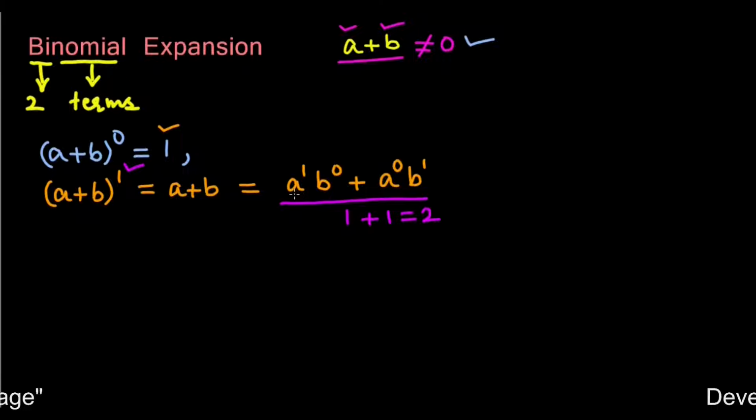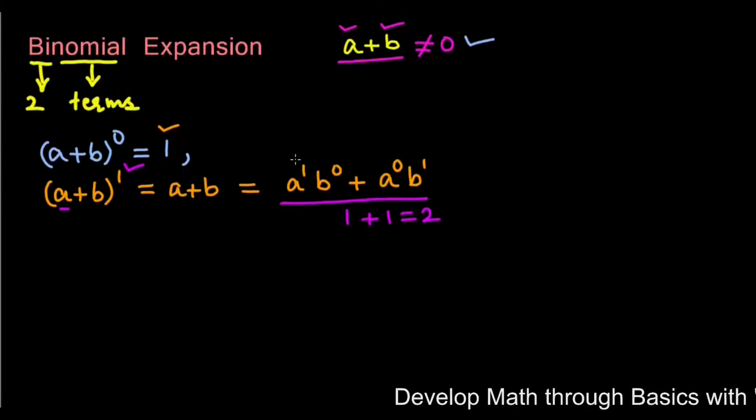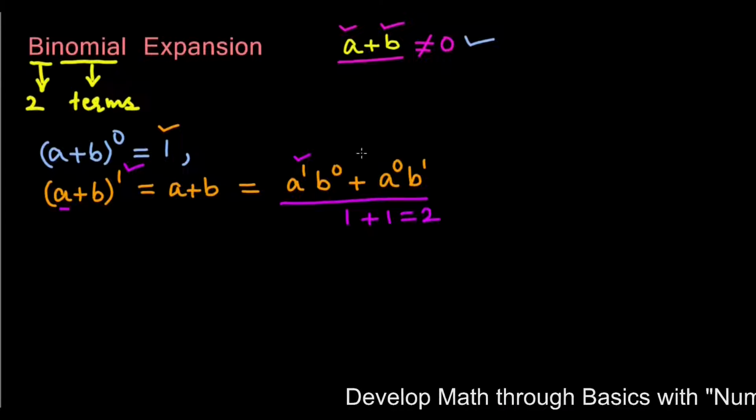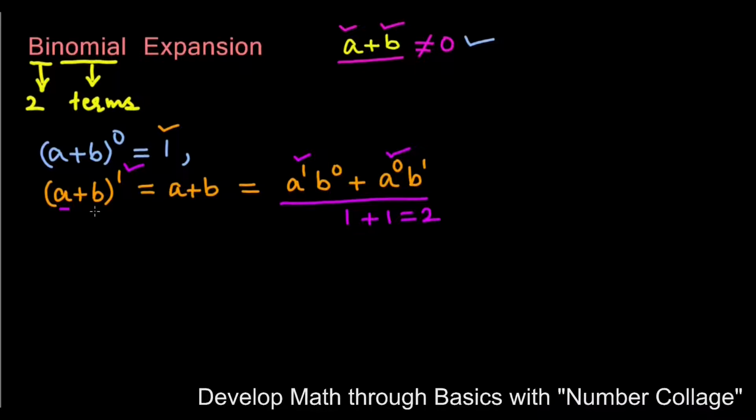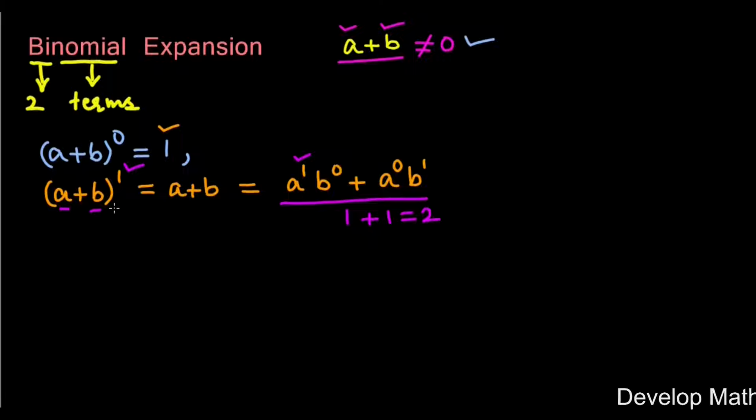Second thing that we observe is that the power of the first term, a, is reducing by 1 in each term. So in the first term, the power is 1. In the second, it has reduced by 1 and becomes 0. On the contrary, power of the second term goes on increasing by 1 in each term.